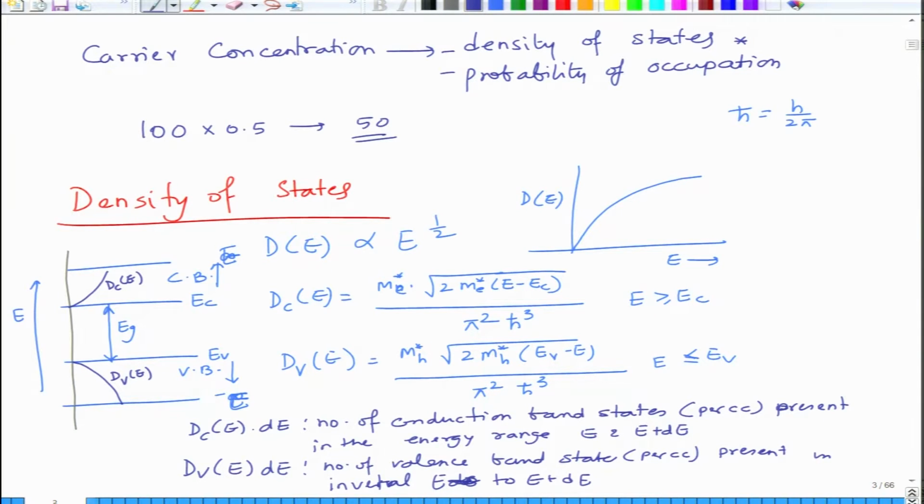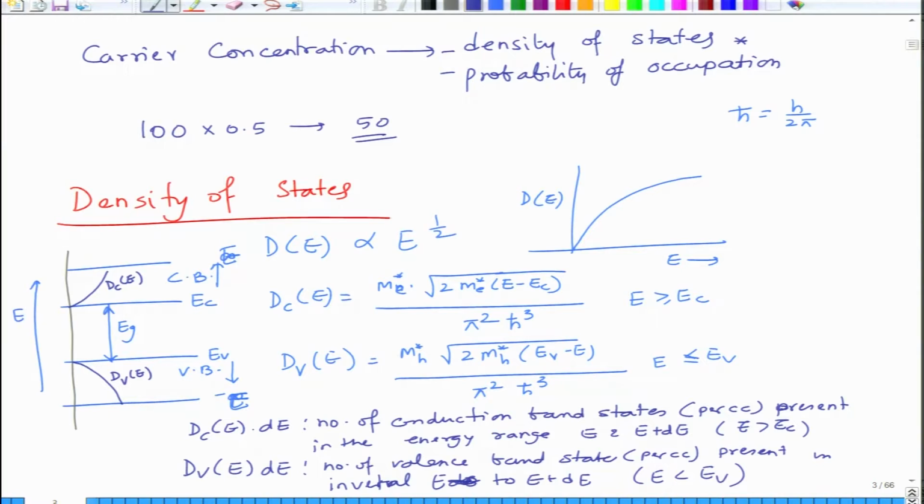Here we say that E is greater than Ec, and here we say that E is less than Ev. So basically these are numbers, the number of energy states per unit volume. We can say the numbers per cubic centimeter per eV. So you can do the energy distribution in that fashion.